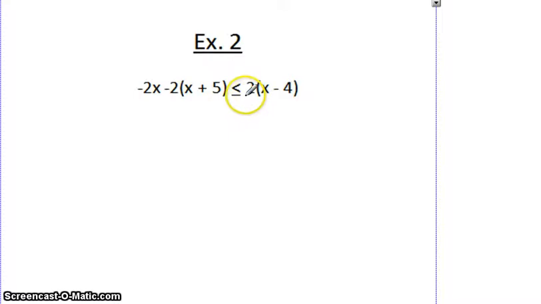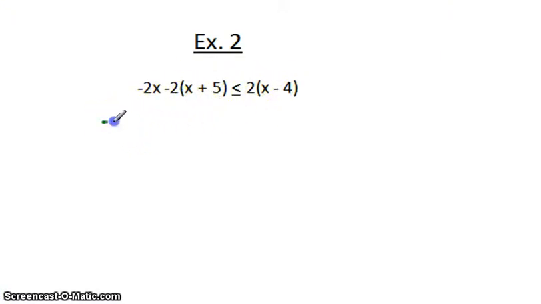Okay, here's example number 2. Now you just might want to write this below on that extra space on your notebook paper. Again, I go through step 1. There's no fractions, so I'm ready for step 2. Step 2 says I'm going to remove grouping symbols, so I'm going to use the distributive property. I have negative 2x. I'm going to distribute a negative 2, so I have minus 2x.